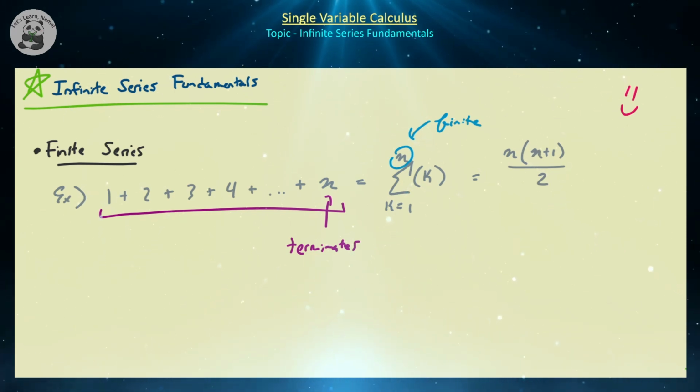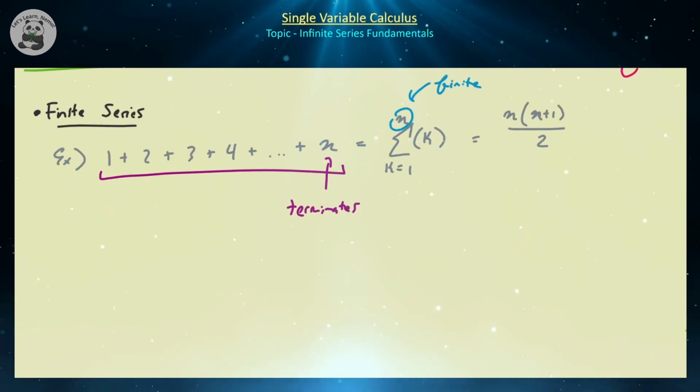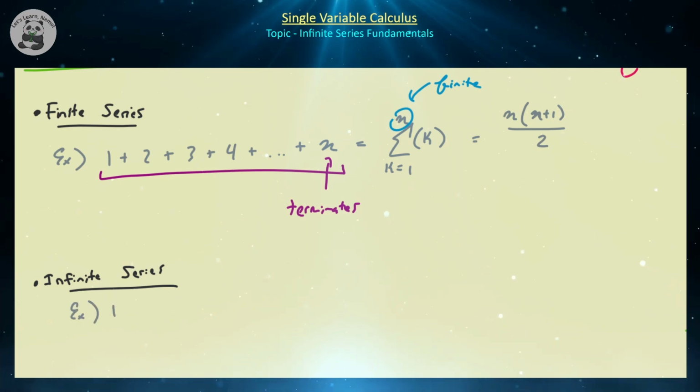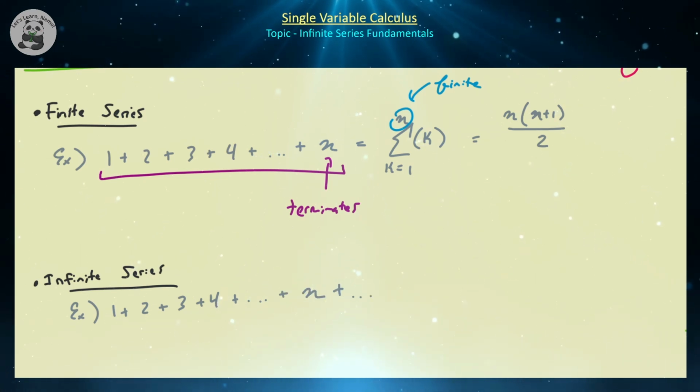So what would an infinite series look like compared to this? An infinite series would not terminate, so it would look something like 1 plus 2 plus 3 plus 4 all the way up to n, and would continue for infinitely many terms after that.